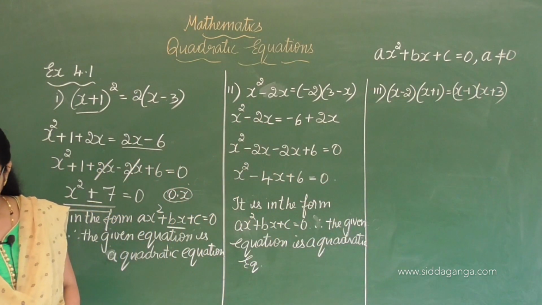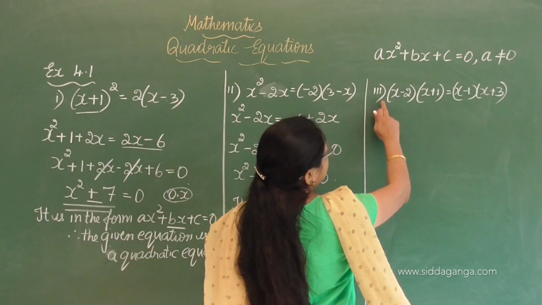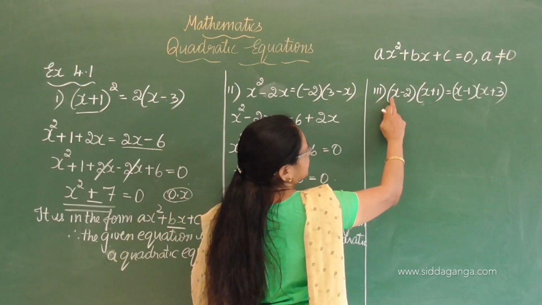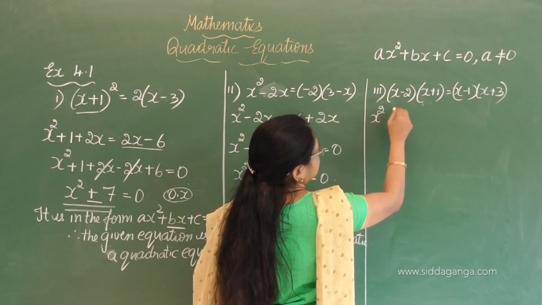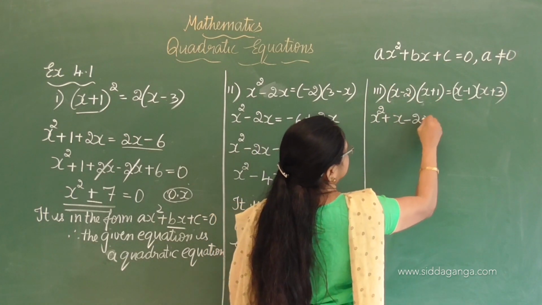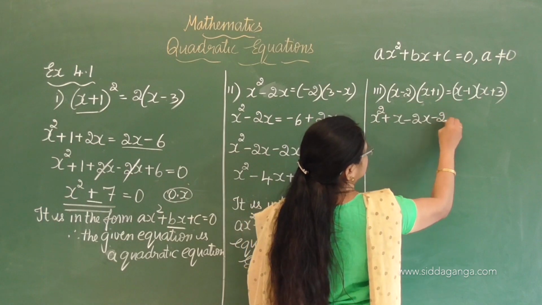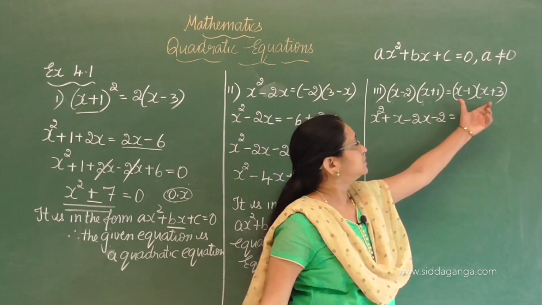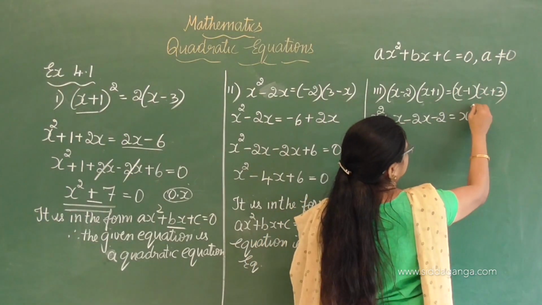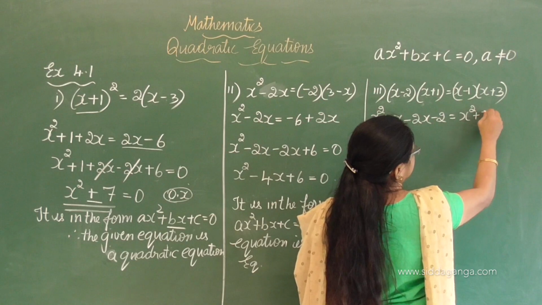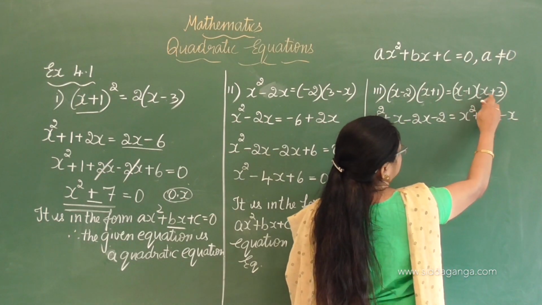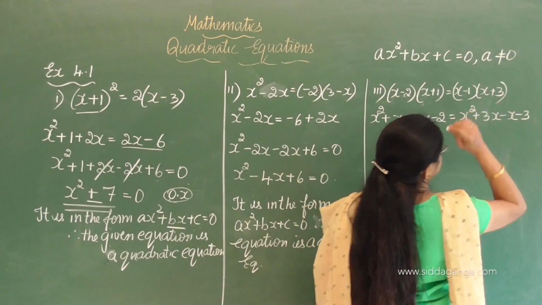There also you can see the bracket there, and we will try to remove the bracket here. Simple multiplication you have to do, x into x, x square, x into plus x, here minus 2x, plus into minus 2 is equal to, again here also same thing, you have to remove the bracket. So, x into x, x square plus 3x minus x, then plus into minus, minus 3.